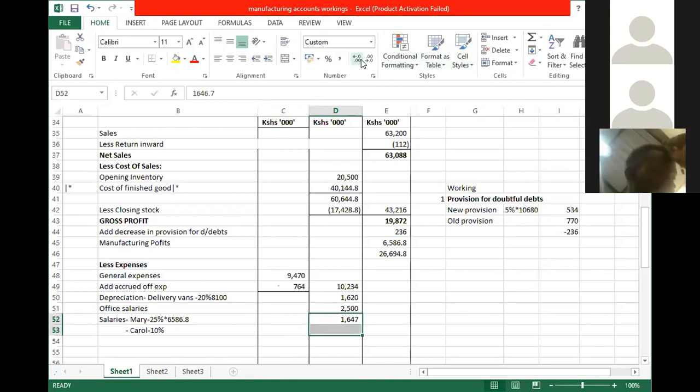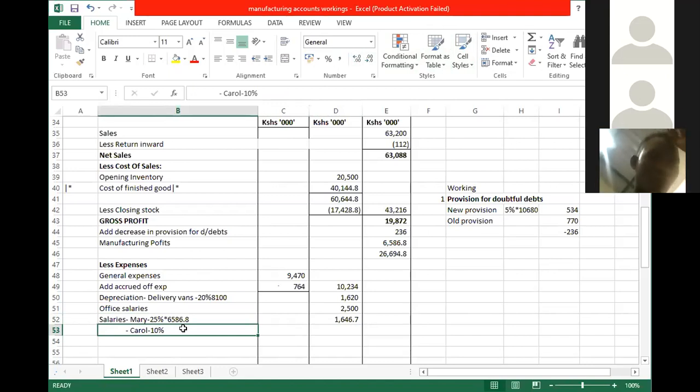Can you confirm that? Then Caro was to earn, Caro is the one who is earning, I've exchanged this, Caro and Mary. People are very confusing, eh? Caro and Mary, always confusing. They are good girls. They are good students. Good. 10% of the gross profit.